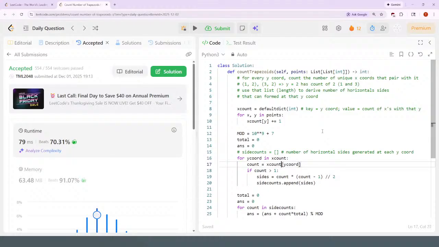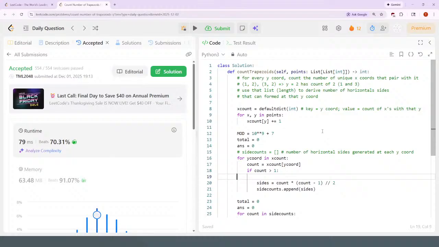So the count is this. If the count is 1, skip it. Wait. How did my answer go correctly with this actually? If the count is 1, no, this is the number of points, right?